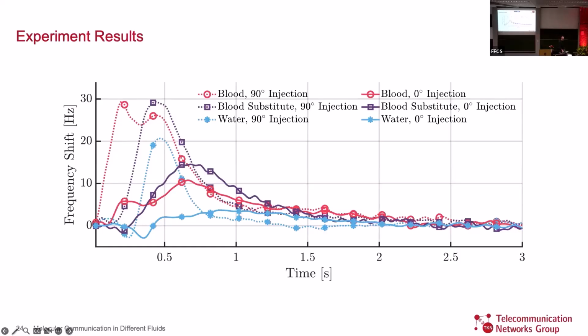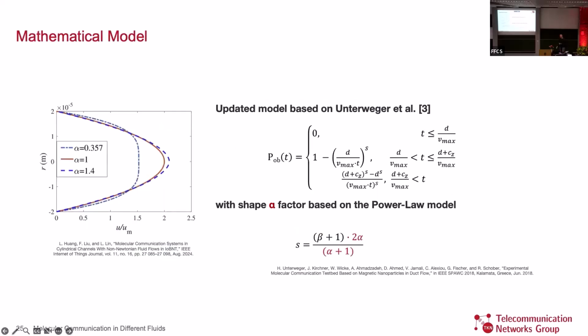So that was the starting point for Lisa's research, and we started doing some mathematical modeling. Can we again come up with a rather simple model to use in our system for calculating the system impulse response?